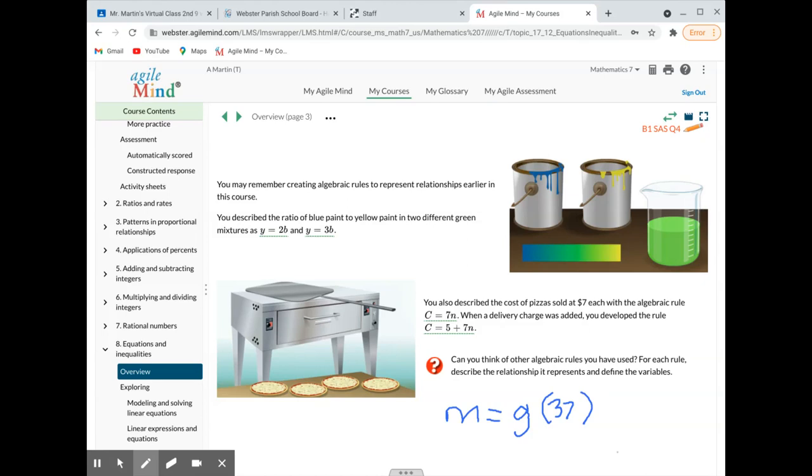How would this make sense? If M equals the miles and G equals the gallons, how would you make sense of this equation?